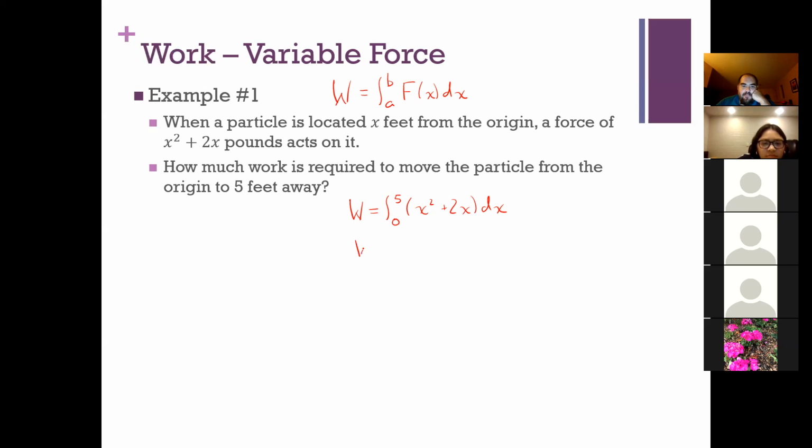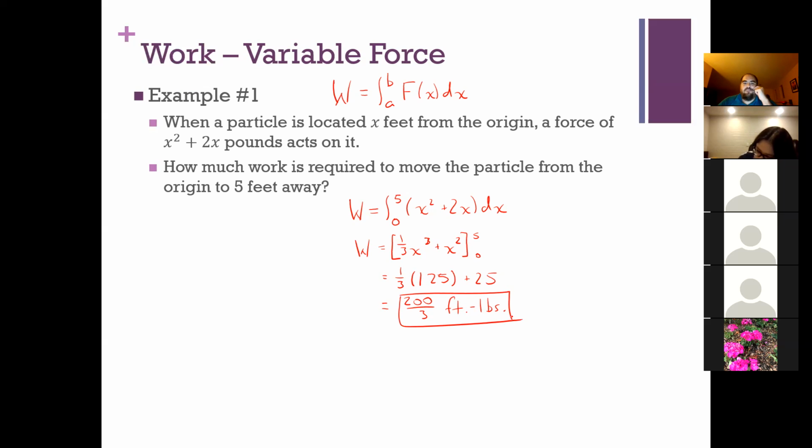All right, let's go ahead and do that. Right, do we agree with 200 foot-pounds?